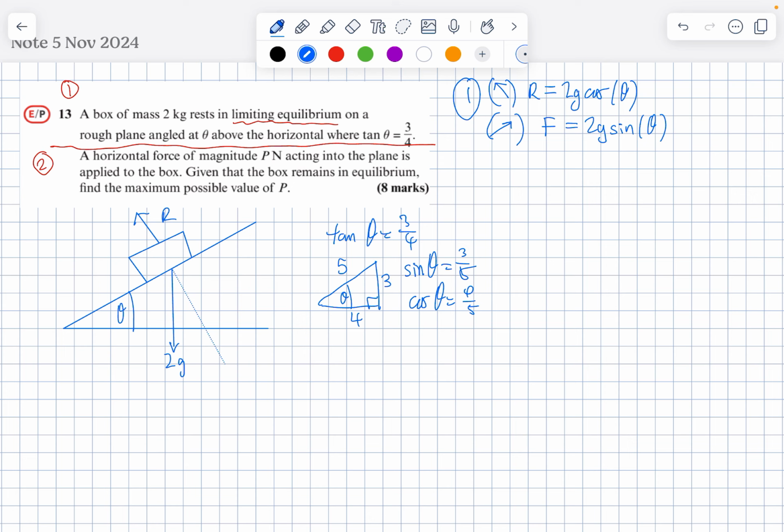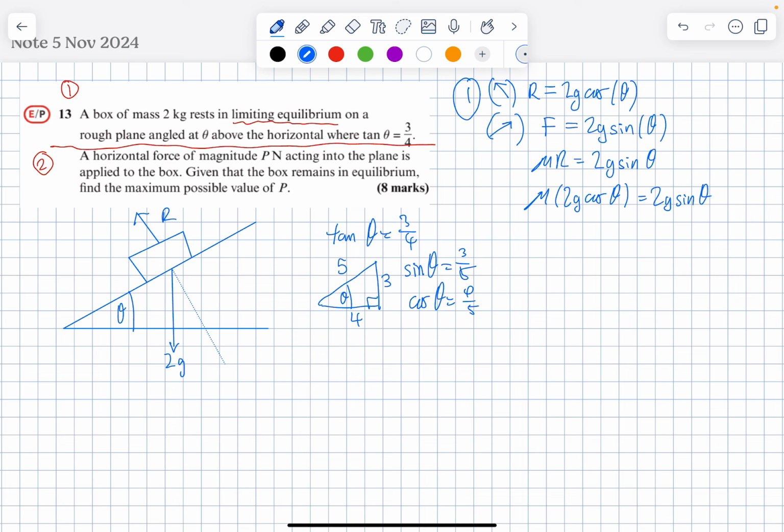Okay, so now F, if this is limiting equilibrium, is mu R equal to 2G sine of theta. Now we don't know what mu is yet, but we do know what R is. R is 2G cos theta, and that's equal to 2G sine of theta.